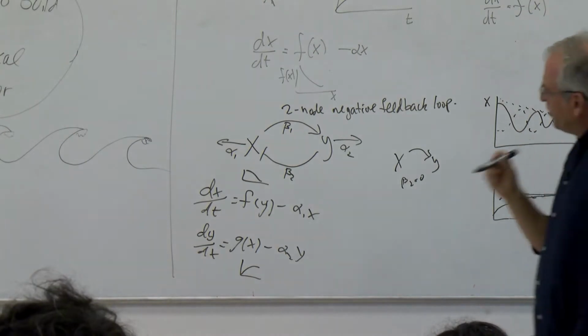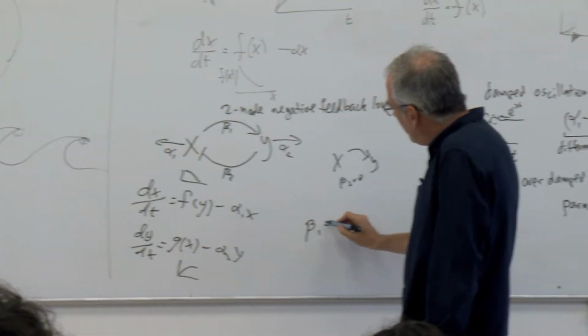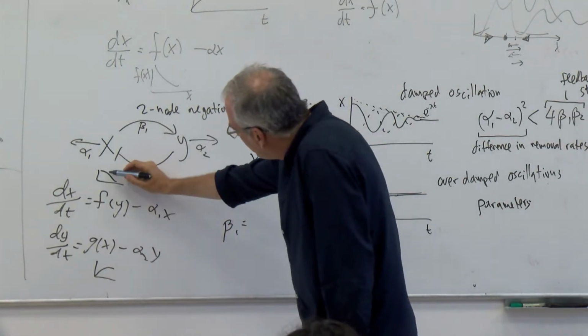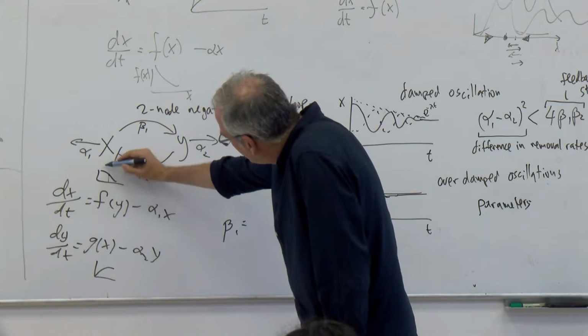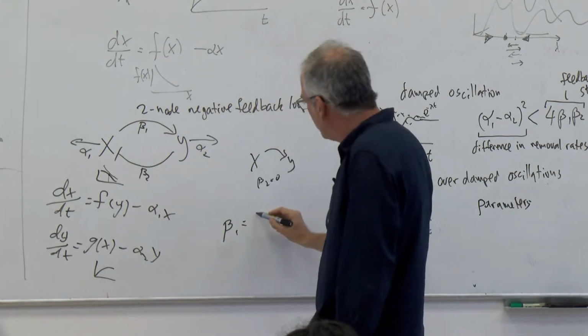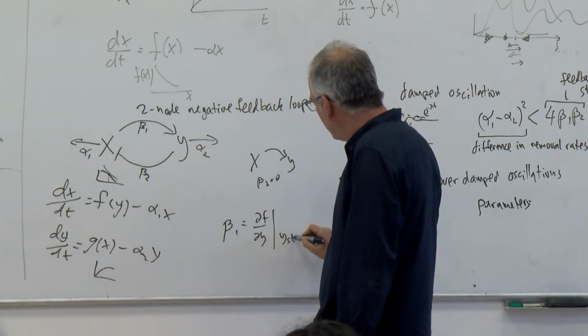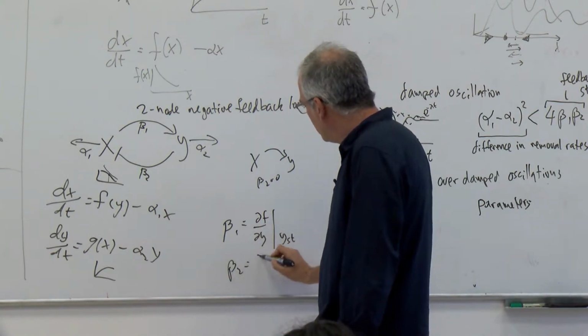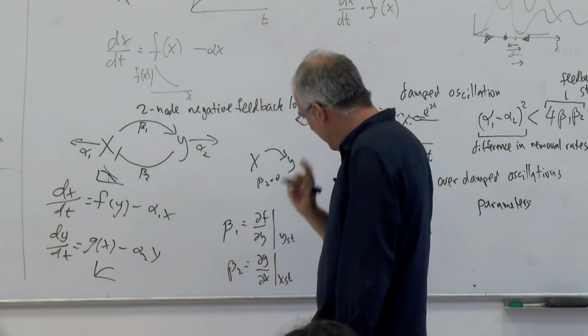And I just want to say one more thing about these betas. These betas are related to these functions. There's a fixed point, and it's related to the slope at the fixed point. Beta 1 goes like df dy at y steady state, and beta 2 goes like dg dx at x steady state.